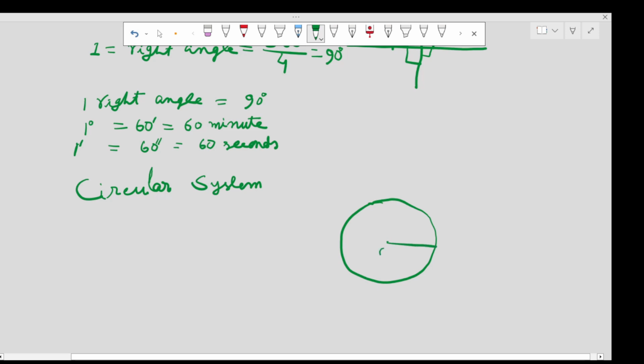The center's name is O. This point on the circumference is named P. What is OP called? Radius. What is O? For better understanding, you should write O center.